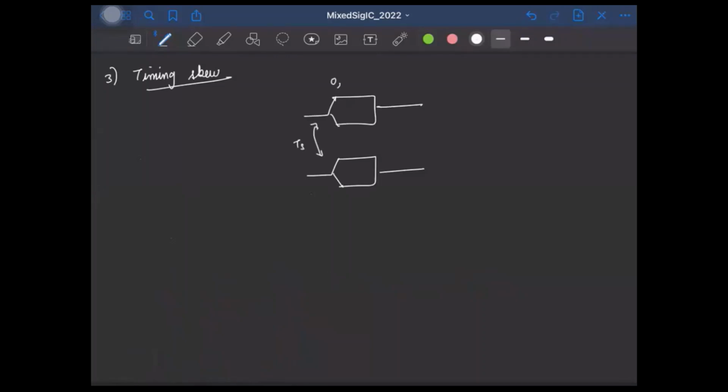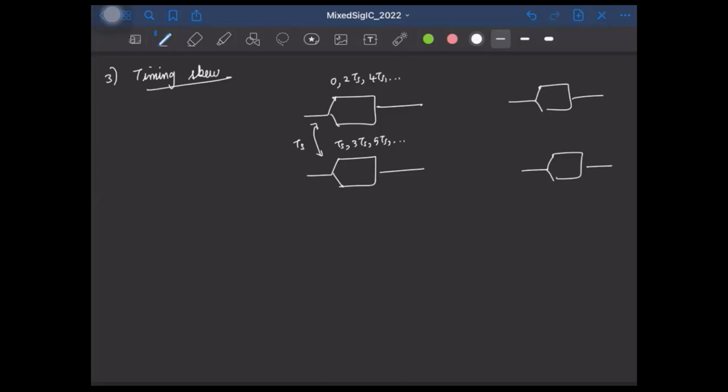So if the first ADC is running at 0, 2 TS, 4 TS, and so on, the second ADC must do its job at TS, 3 TS, 5 times TS, and so on. But in practice, this will not be the case because you might place the ADCs physically apart, right? They need to be physically placed apart.